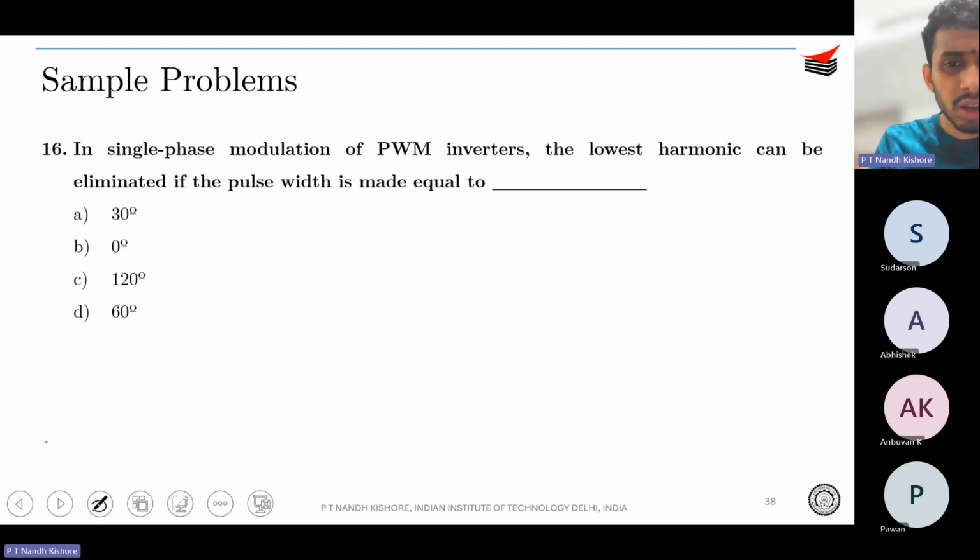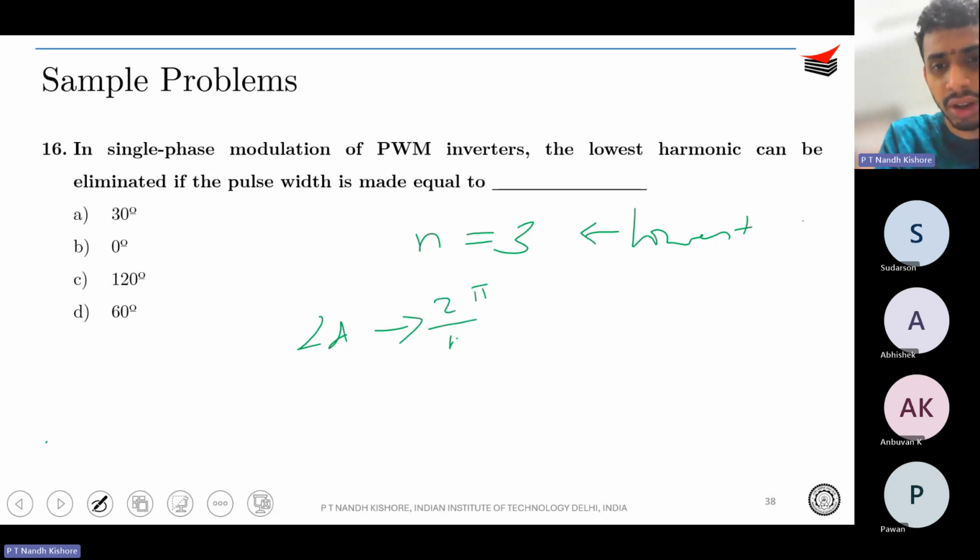So over here in single phase PWM, the lowest harmonic is what we saw earlier, n is equal to 3. This is the lowest harmonic. So how can it be eliminated? The pulse width needs to be made equal to 2 pi by n, that is 2 pi by 3, right? So what's 2 pi by 3?